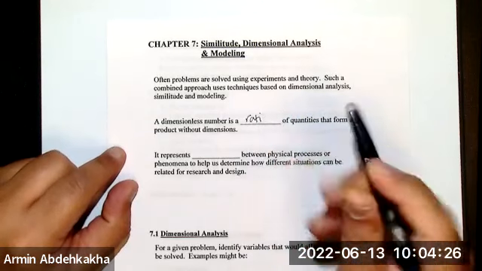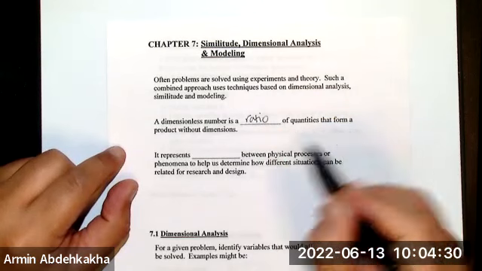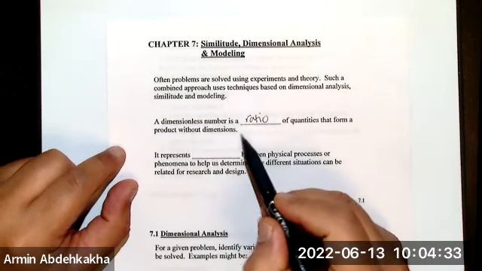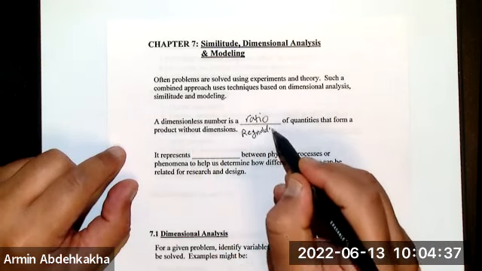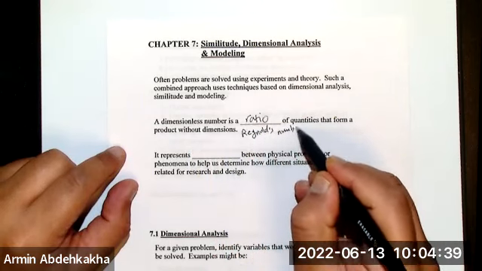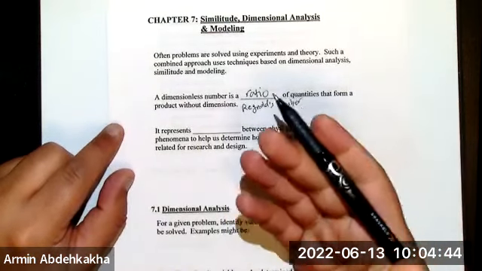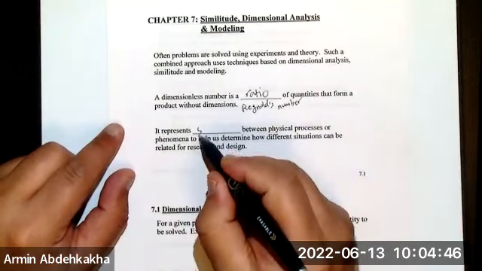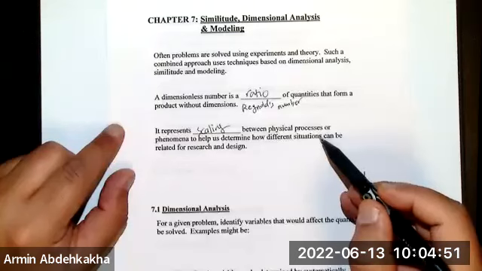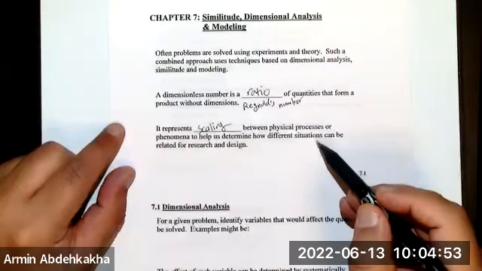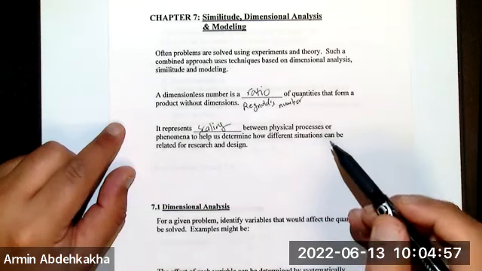Reynolds is rho v L over mu. These are quantities, the ratio of quantities that form a product without dimensions. What does it represent? It represents scaling between physical processes or phenomena to help us determine how different situations can be related for research or design.